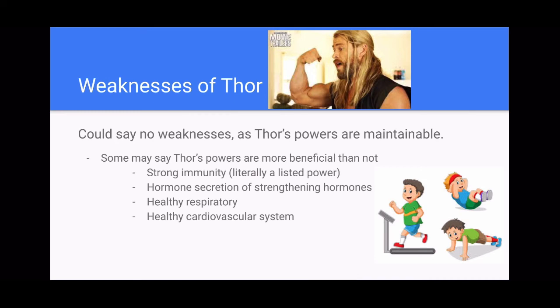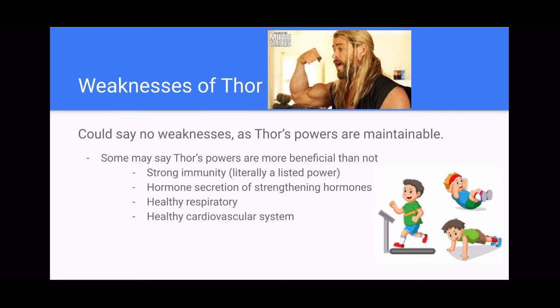So, as we went over earlier, the superpowers that Thor has include, but are not limited to, superhuman strength, superhuman speed. He's very agile, he has good durability, and he also has immunity to a lot of diseases.